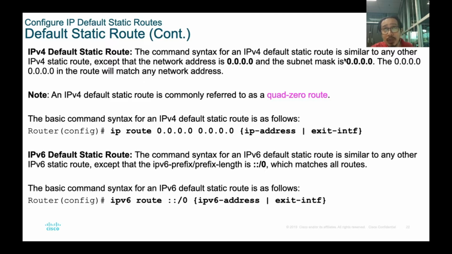If you see 255, you have 8 bits in that segment turned to 1, so you must match all 8 bits. If you have 255.255.255.0, you have 24 bits you need to match. But when you put 0 here, you don't need to match any bit. So we call it a default.